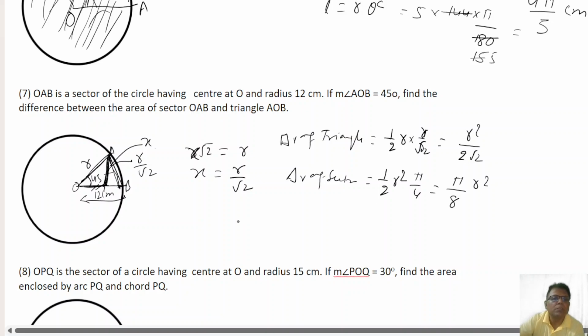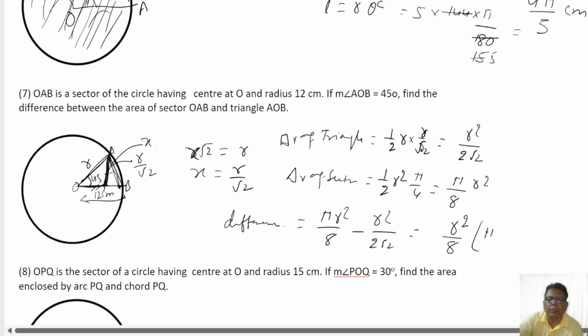Now the difference of area is equal to pi r square by 8 minus r square by 2 root 2. Take r square by 8 common, then it will be pi minus 2 root 2.